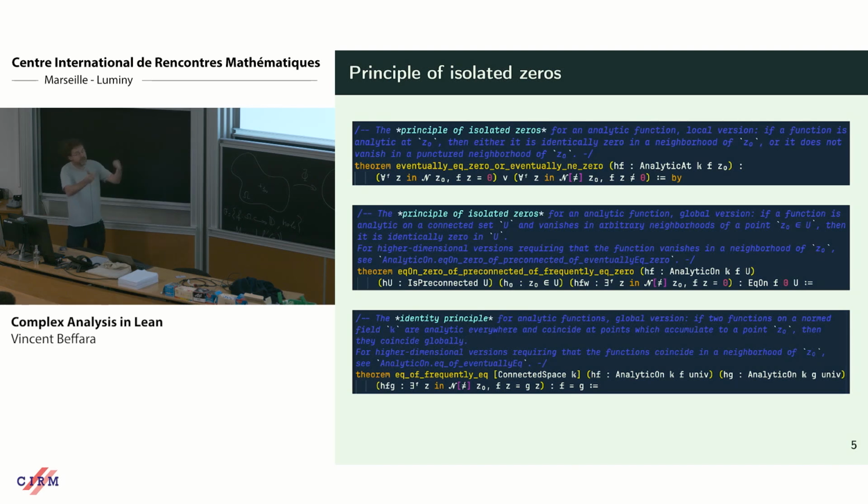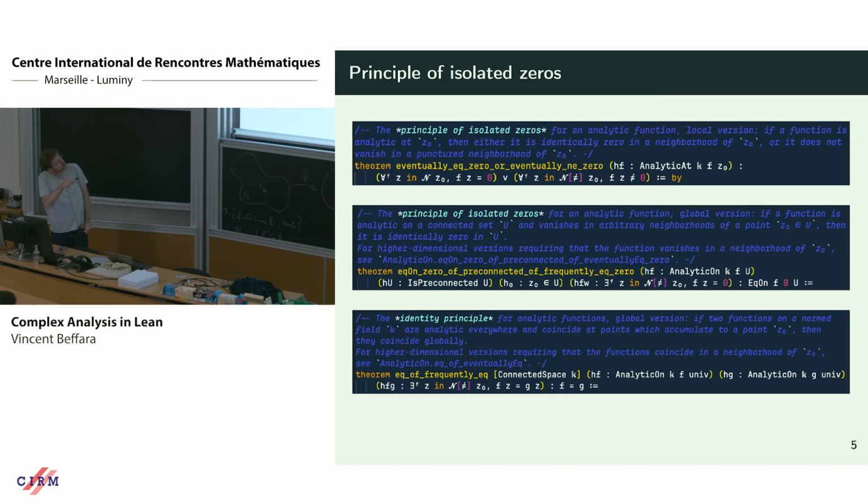So this means f is locally equal to 0 in a neighborhood of z0. Or for every z in this neighborhood, so close to z0 but not equal to z0, f(z) is not equal to 0. So this is exactly the translation of the statement of isolated zero. Either the zero is isolated or locally the function is 0.